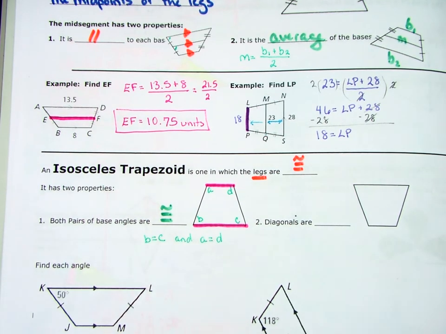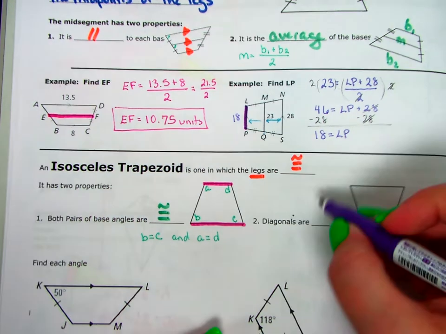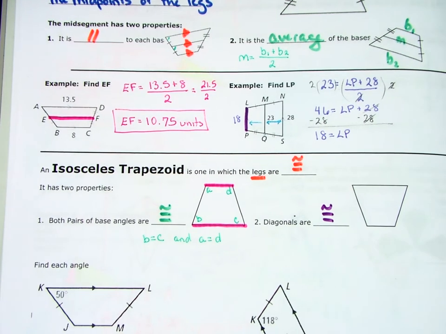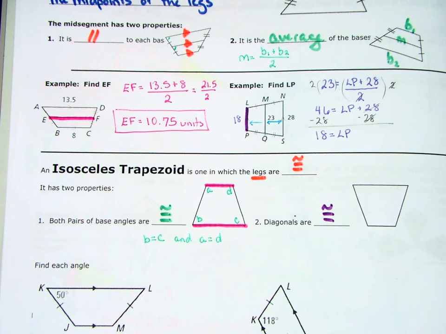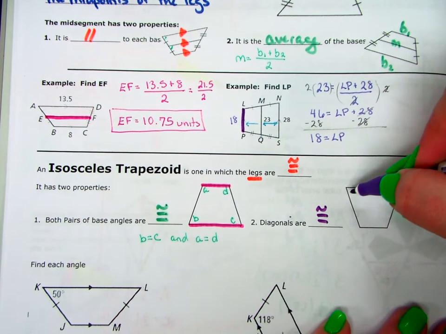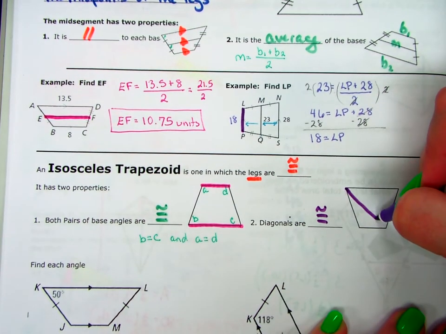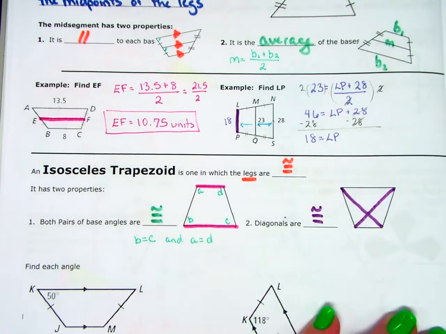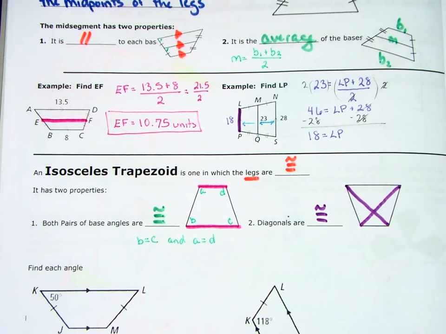Okay? All right, the second thing that we need to know is that our diagonals are also congruent. So that means this diagonal is the same length as this diagonal. Which was also true for rectangles.